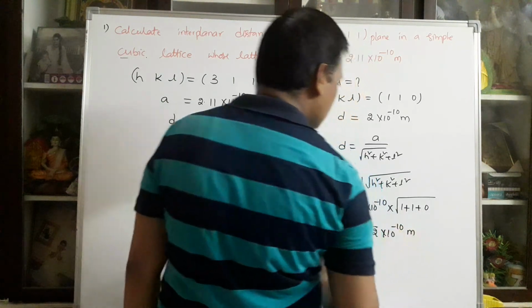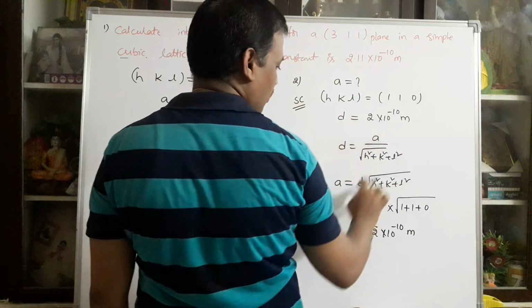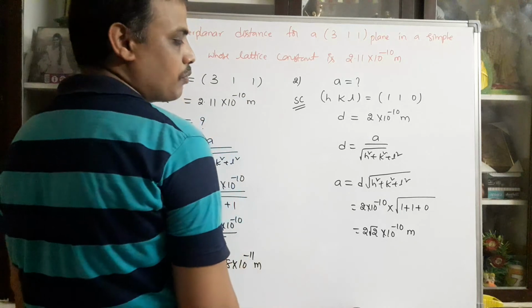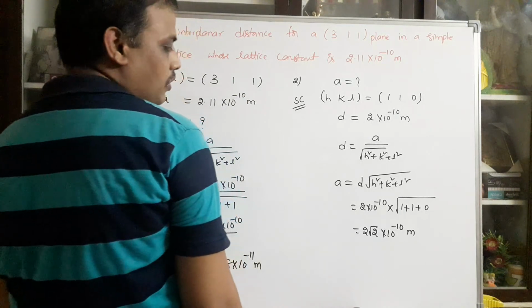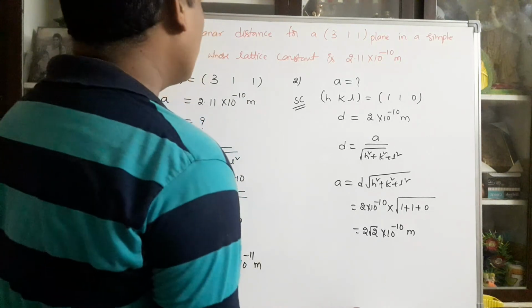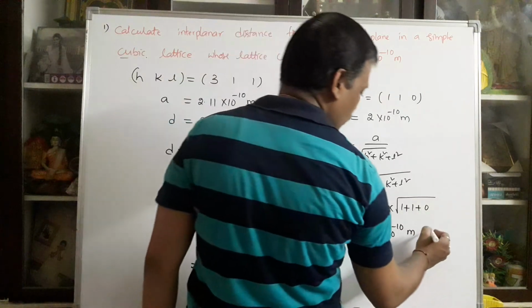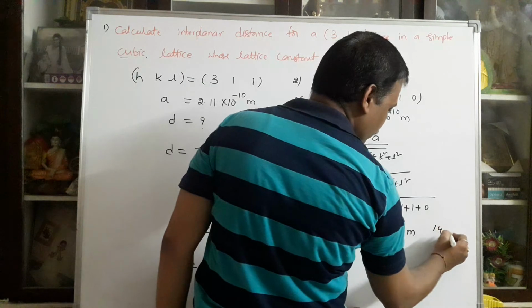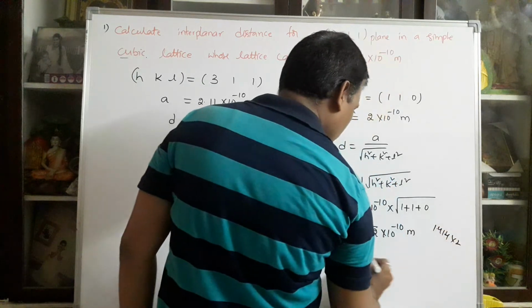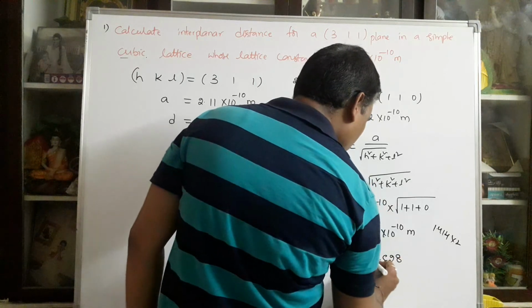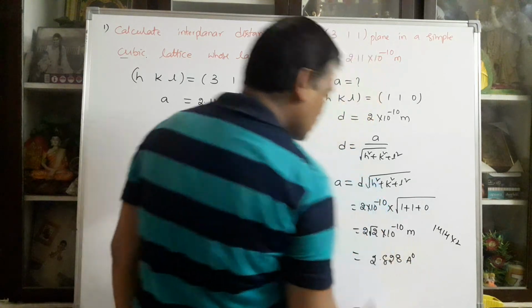Since d is in meters, a is also in meters. This is the answer: 2 root 2 into 10 power minus 10 meter, otherwise 2 root 2 angstroms. If this form of answer is not given, root 2 is 1.414, into 2, that is 2.828 angstroms. This is also possible.